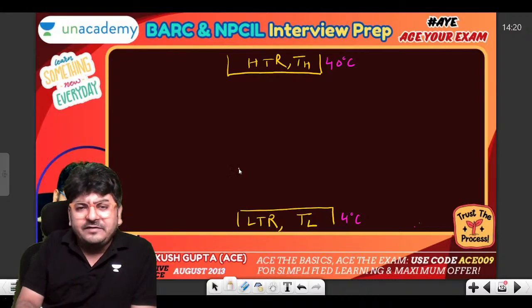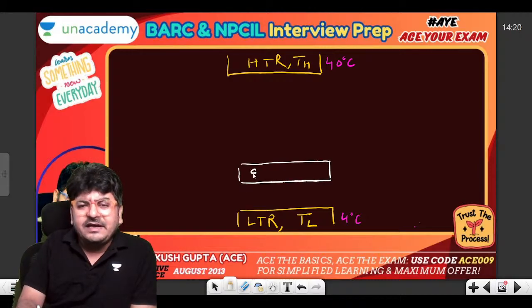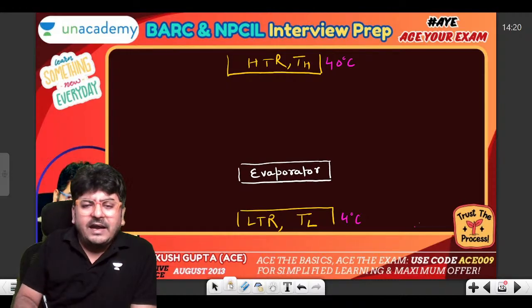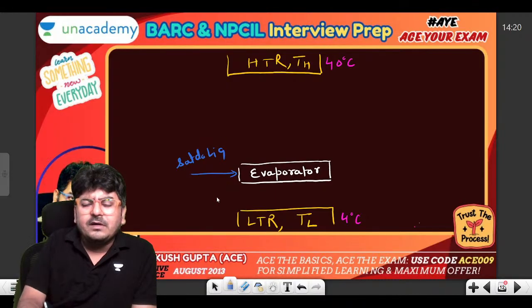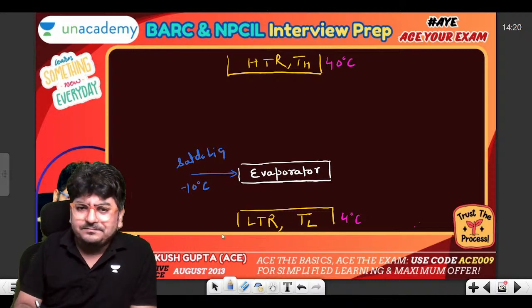First I will use a component, let's say an evaporator. In the evaporator, I will send a liquid, let's say a saturated liquid, suppose at a temperature of minus 10 degrees Celsius.